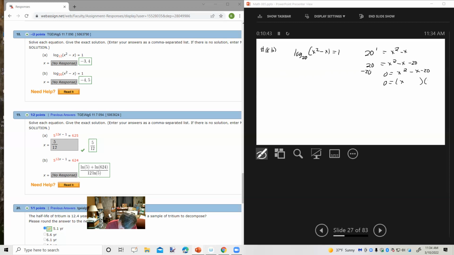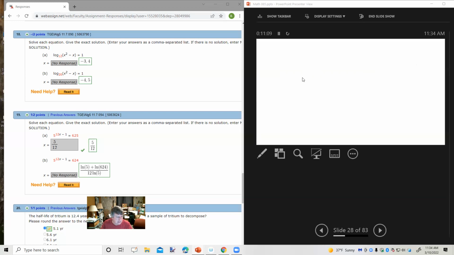Factor. Let's see, how about -5 and plus 4? So again, very similar to the previous problem. X is 5, x is -4, and if we plug them in here, they will check. Any further questions on that?